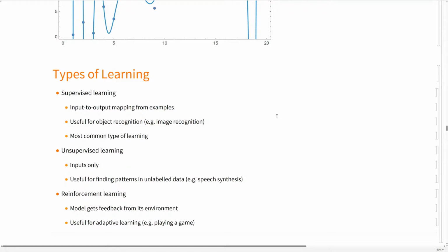So I tell the machine what's the right answer, and that's the input to output mapping from examples. This is the most common type of learning.